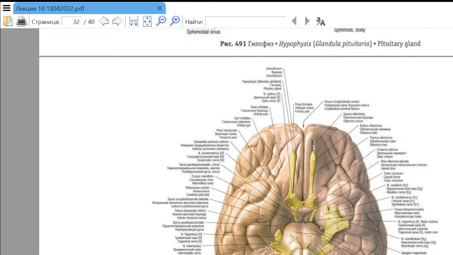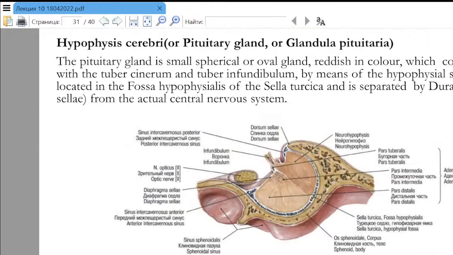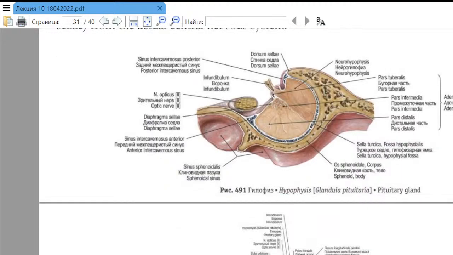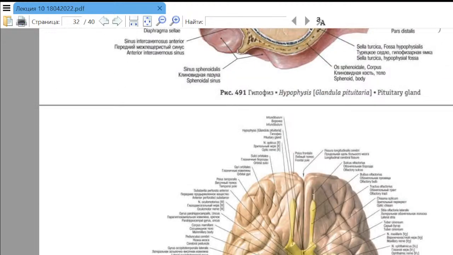This is infundibulum. This is tuber cinereum, infundibulum.